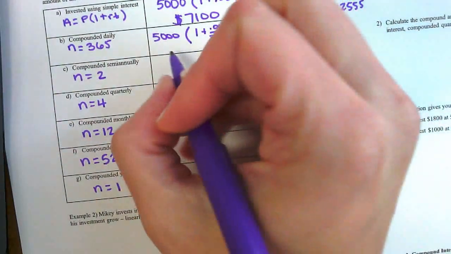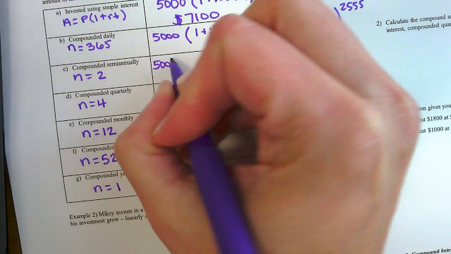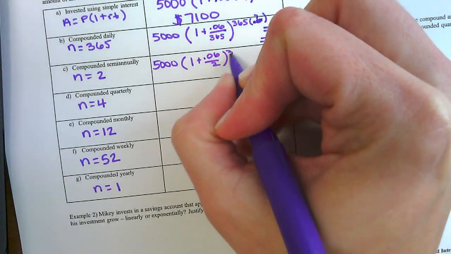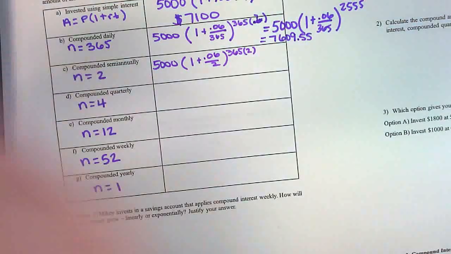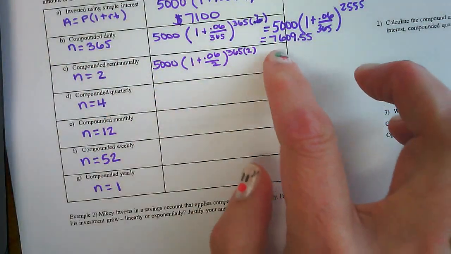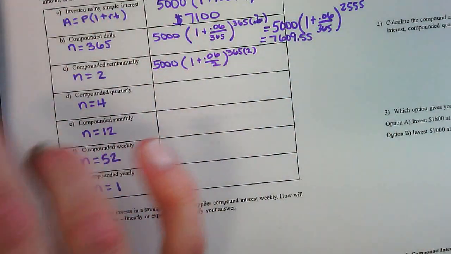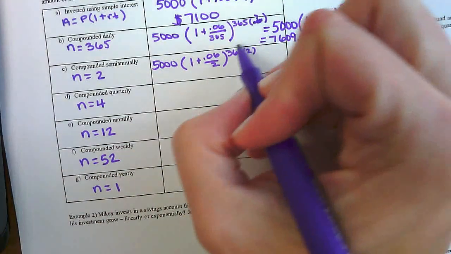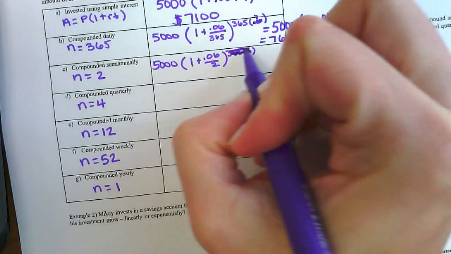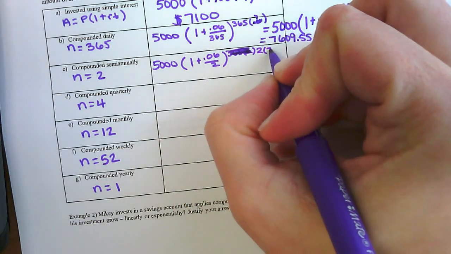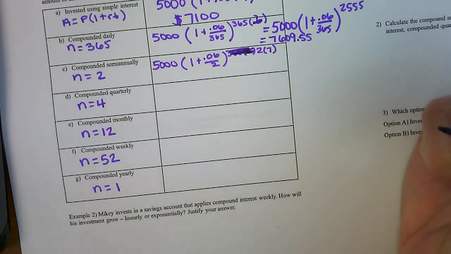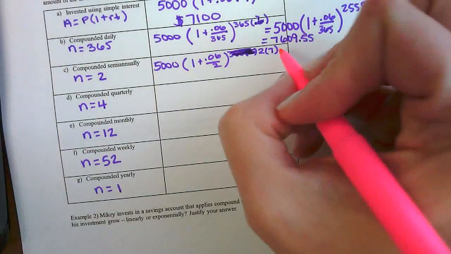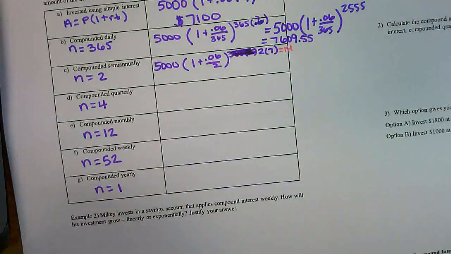Next, we're compounded semi-annually. So set it up starting the same way, but now our n value is 2. So we have 365 to the second, or times 2. Sorry, oops, that is wrong. It's n times t. Sorry. So it's 2 times 7. When I do 2 times 7, that's going to give me a total of 14 as my exponent.